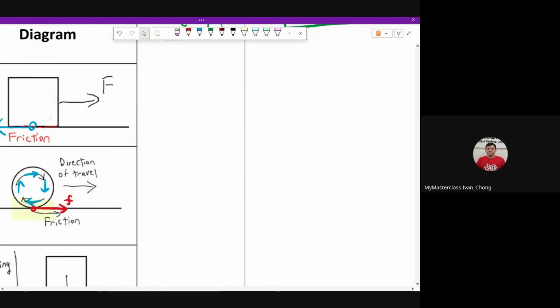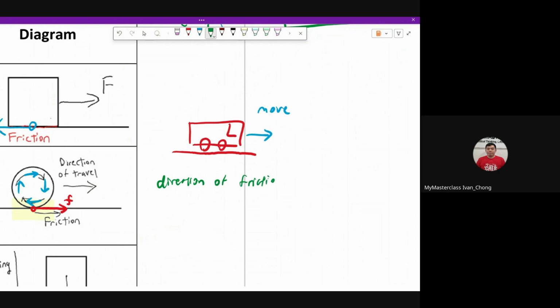Let's say I have a car, a not very nicely drawn car, but your car is moving to your right. Now, there is a few types of question that you ask. What is the direction of friction on the car?